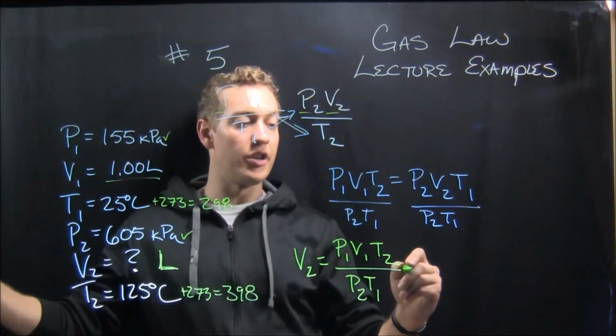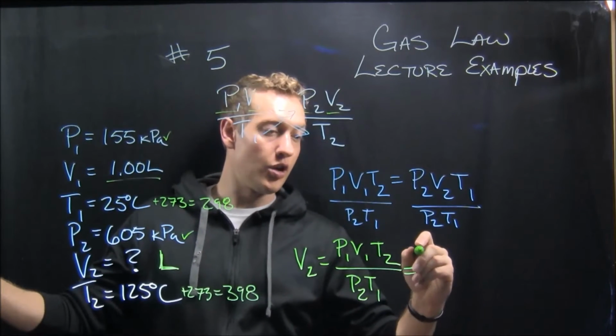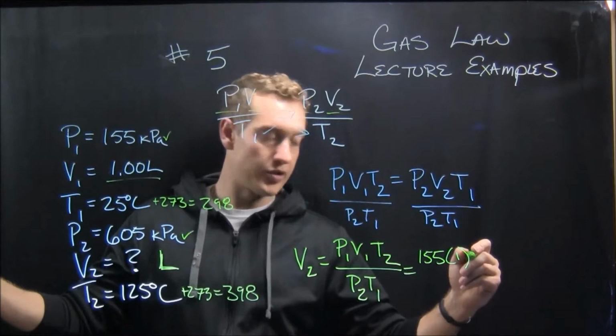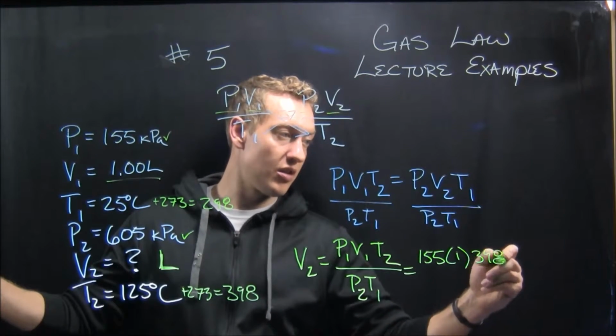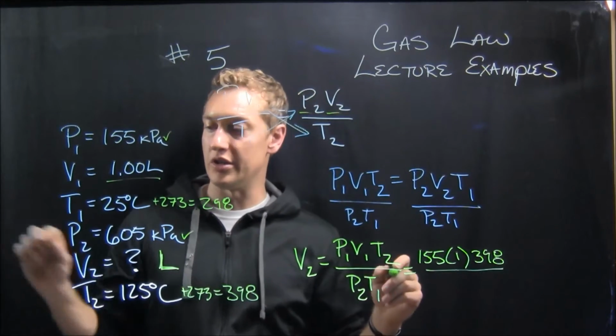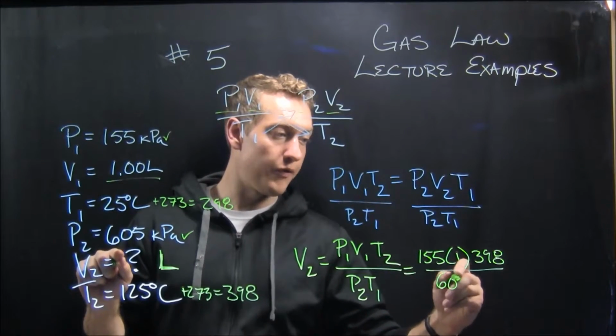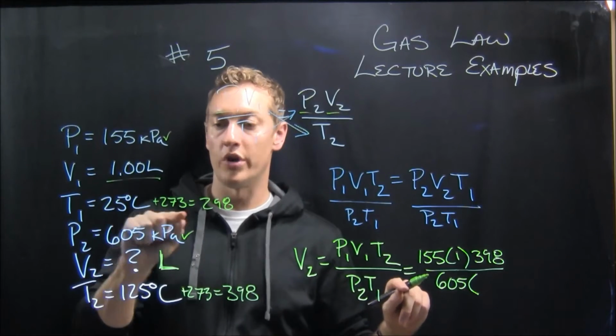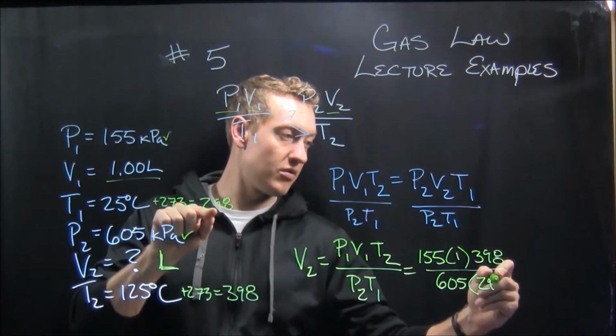And then plugging in the numbers, it's going to be 155 times 1 times 398 divided by P2, which is 605 times T1, which is 298.